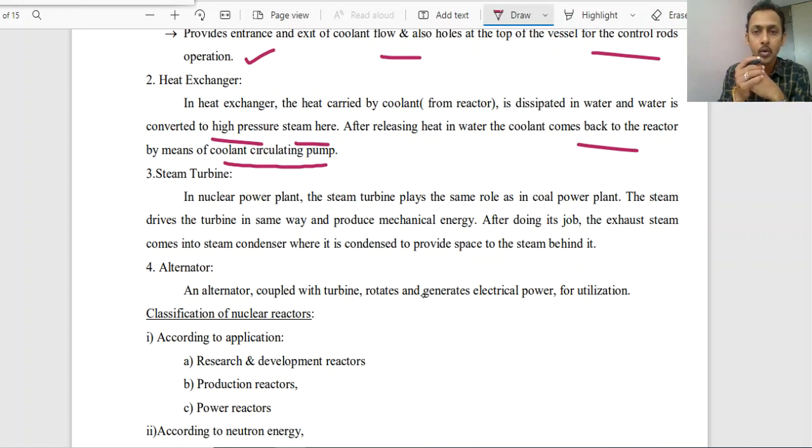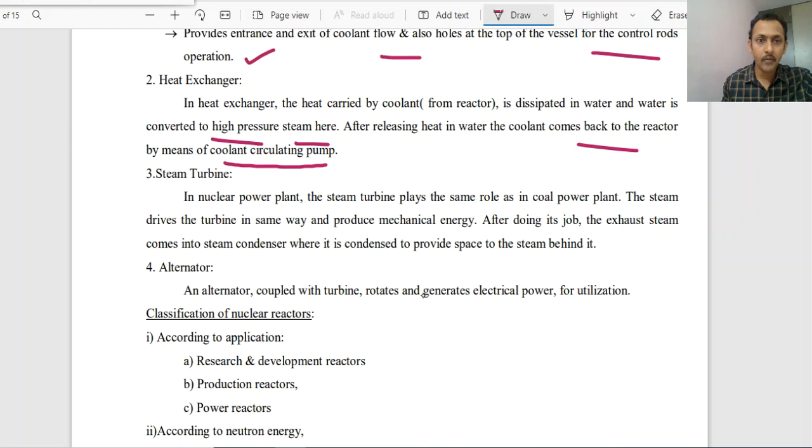So its main function is to extract the heat from the reactor and pass it to the water to convert it into steam. This steam will be at high pressure and temperature, right? Now that steam will be given to the steam turbine to get the mechanical output.